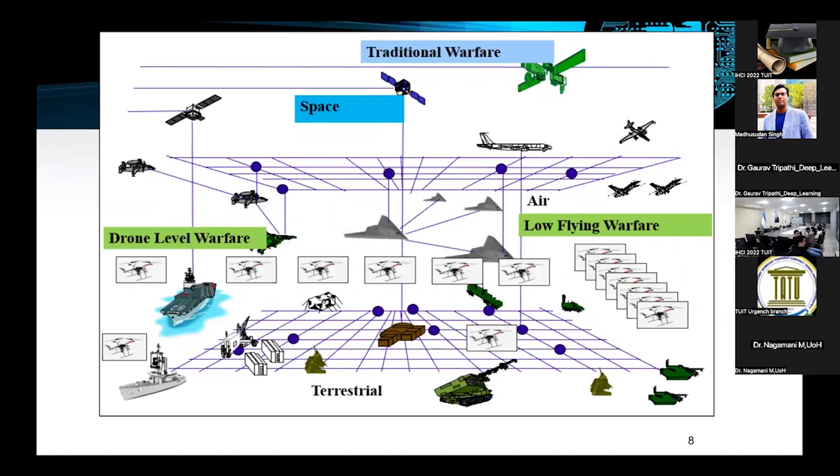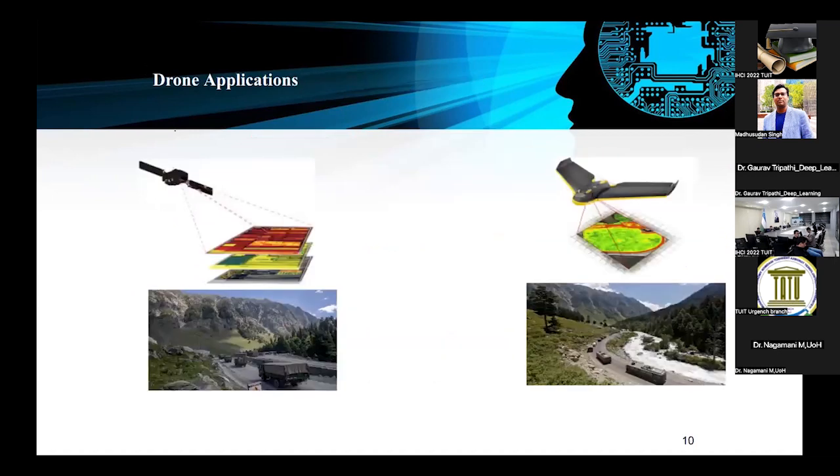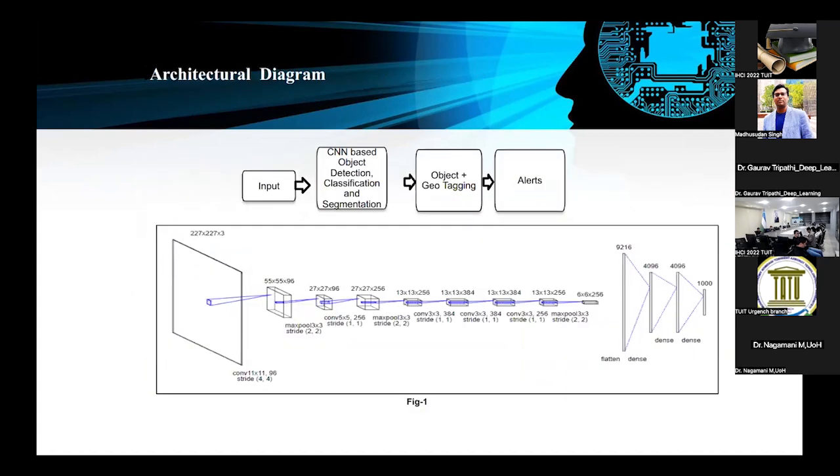But now things have changed, and we need a newer perspective on drone level warfare or low flying warfare. ISR activities, intelligence gathering and smuggling of weapons and so on need to be stopped. This is how satellite or aerial images can be taken from drones.